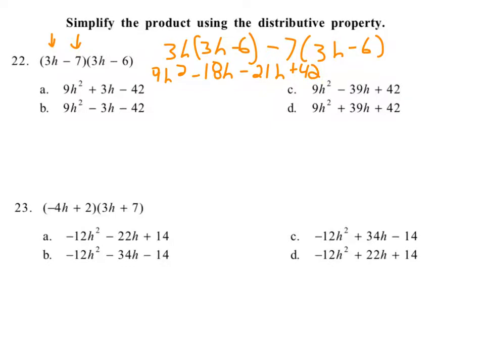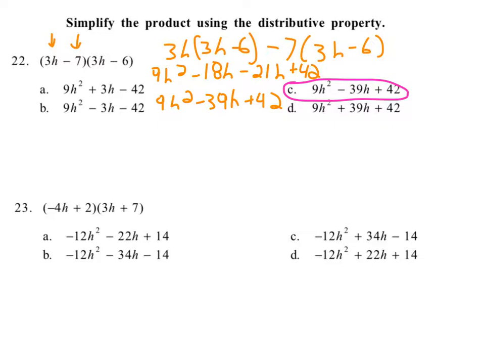Combining like terms, those two middle h terms leaves you with 9h squared minus 39h plus 42. And if we look for where that is, we see that that is, okay, so that's the idea, distributive property.